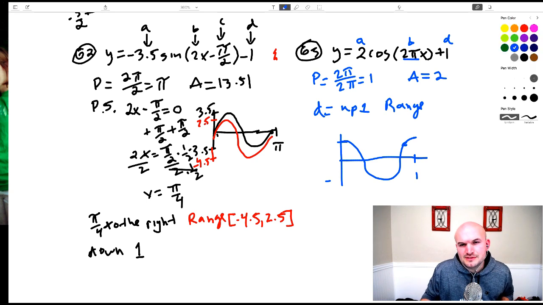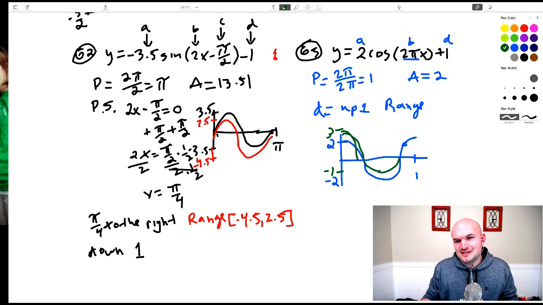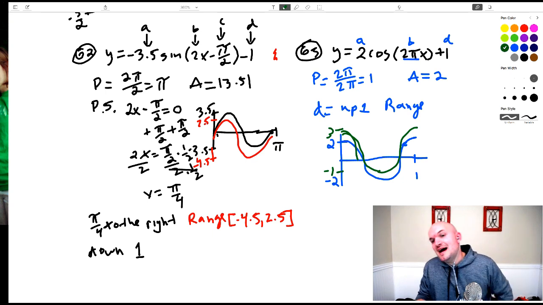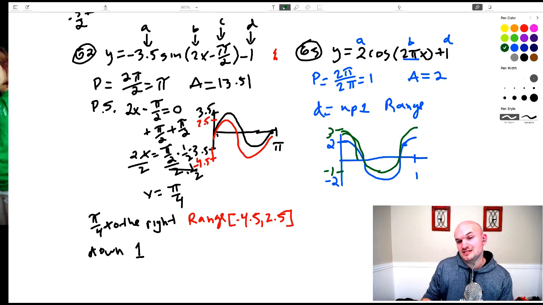The amplitude is 2, and that tells you the height of the graph. Now the graph is being shifted up 1, right? So now it's going up to 3, and it's only going as low as negative 1. The graph should still cross at the same points; the intercepts didn't change. It's going to look something like that. But now you can see that the range is only as low as the graph goes, which is from negative 1 to positive 3.